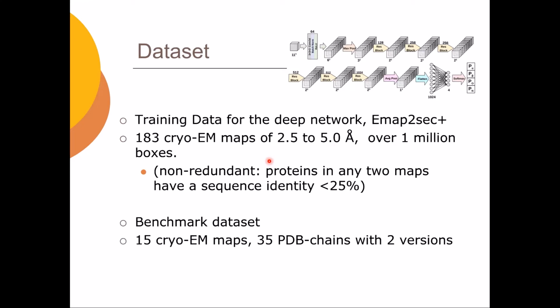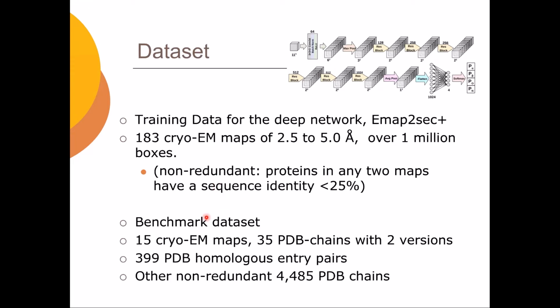For the benchmark data set, we applied the method to 3 benchmark data sets. The first one is PDB entries from cryo-EM maps which have 2 versions. Occasionally, the authors deposit a first PDB entry to the PDB, and later revise the structure and provide an updated version.